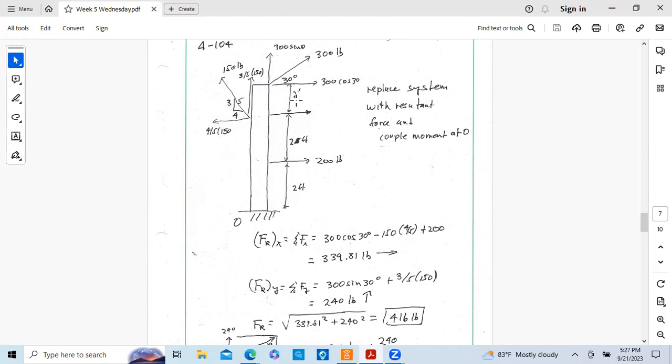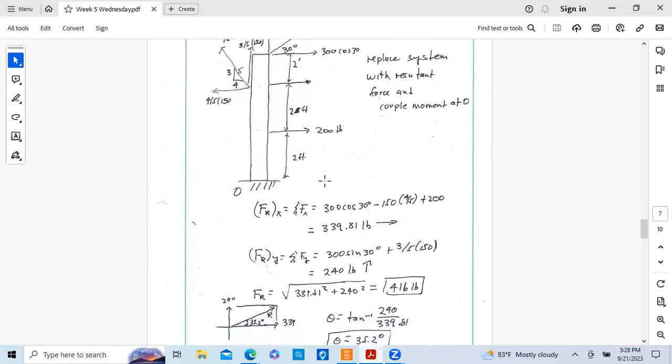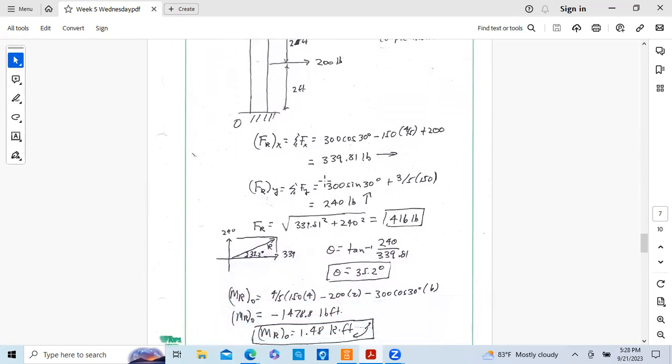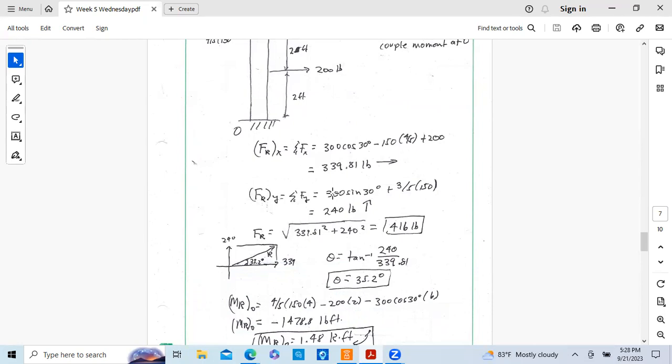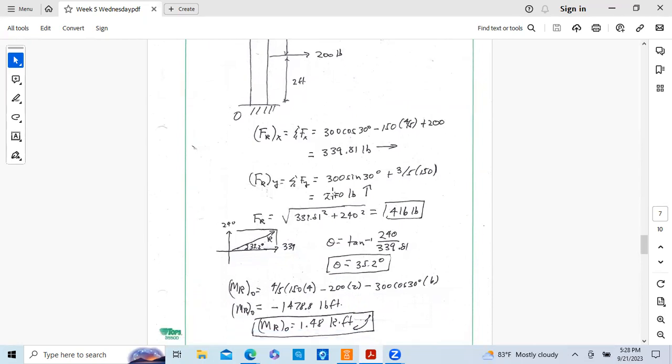Okay, this has a moment arm of 6. This one has a moment arm of 4, and this force has a moment arm of 2. So we do the moment calculations. And again, we want to keep track of the positive and negative.